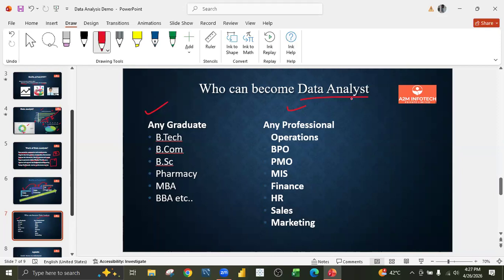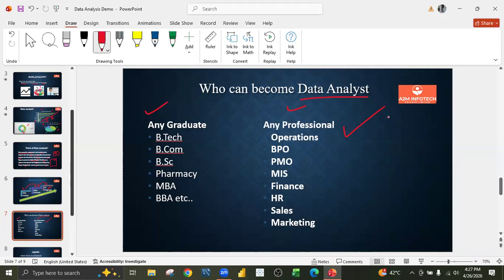You should not necessarily have completed a diploma or a masters. Any graduate and any professional can become a data analyst. It is not compulsory to be from a technical team, or to be a developer or a guy from the corporate sector or IT sector. Any professional and any graduate can become a data analyst.